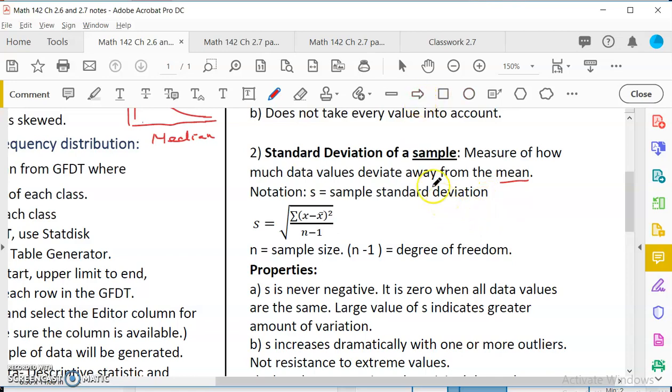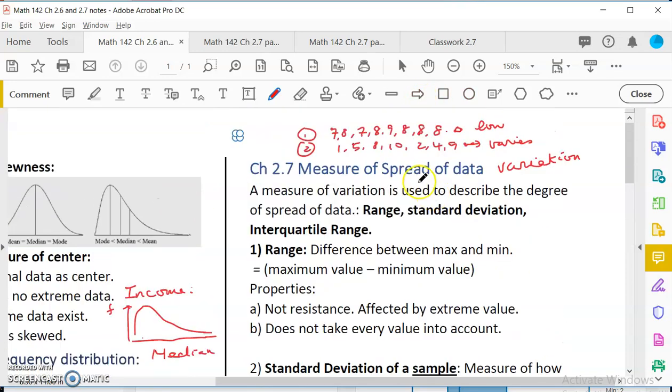Just like earlier, I don't know what the average of this data is, probably 8, right? So how many data are actually close to 8? They're all very close to 8. This other one, I don't know what the mean is, probably 4 or 5, but you can see 1 is far from 5, and 9 and 10 are very far away from 5.